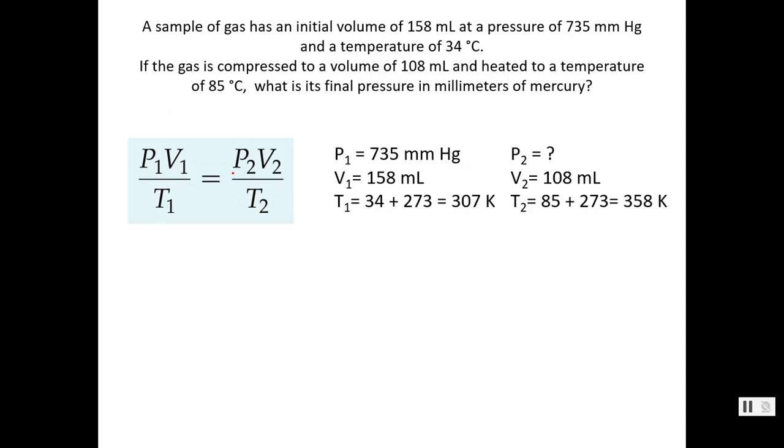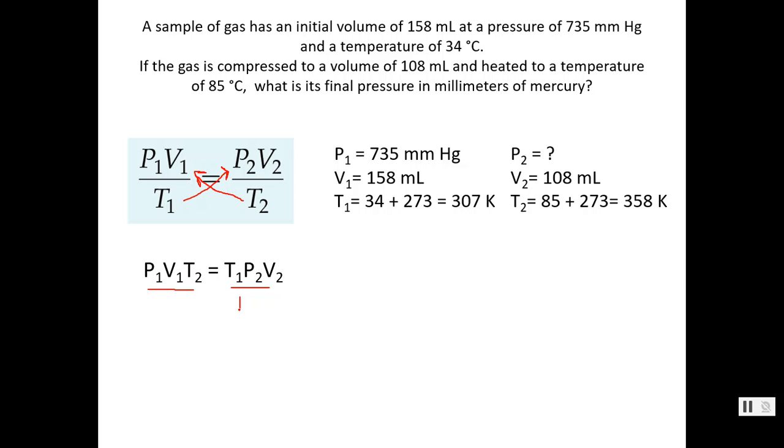So I'm going to take this combined gas law and solve for the variable P2 by first cross multiplying to get everything in the numerator. And so doing that, I have P1 times V1 times T2 is equal to T1 times P2 times V2. And then remembering that I need to solve for P2, I need to get it on one side of the equation, everything else on the other.